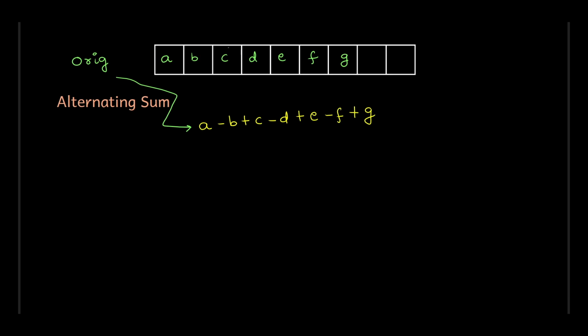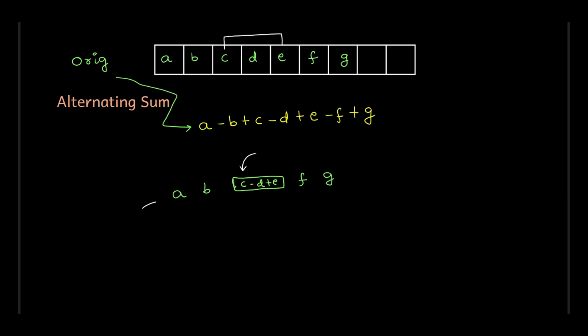Right? Now, what happens when you apply the operations? So suppose you have applied the operation arbitrarily on C, D and E. So the new array would be A, B and then C minus D plus E will be a single element, and then you would have F and G. But notice that even though it is a single element, the insides of it already looks like an alternating sum.